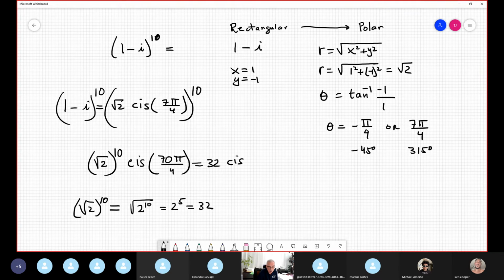Cosine plus i sine. And this is 35 pi over 2, no? Because you reduce to the lowest terms. Divided by 2, 70 is 35. Divided by 2, 4 is 2.